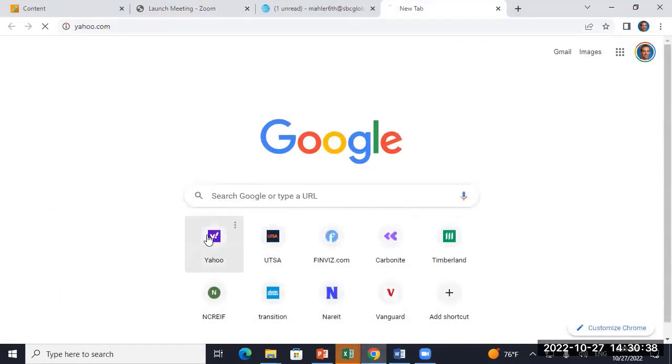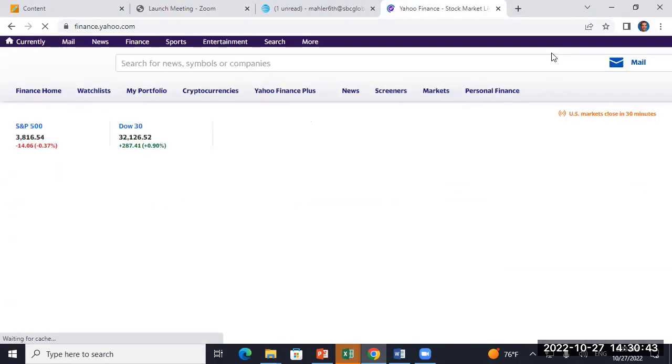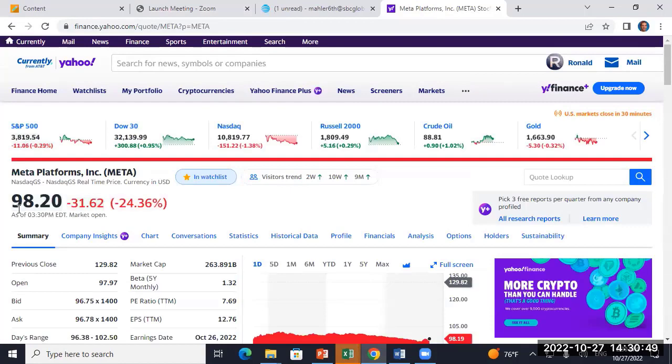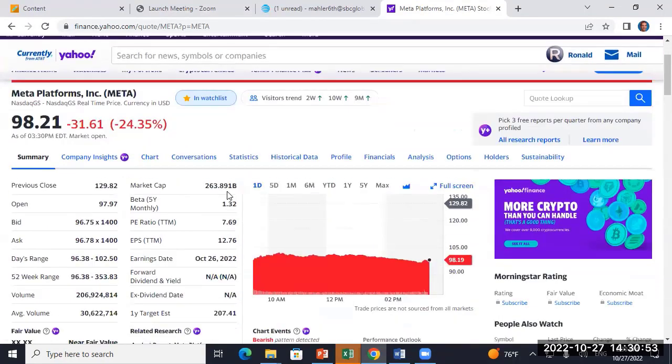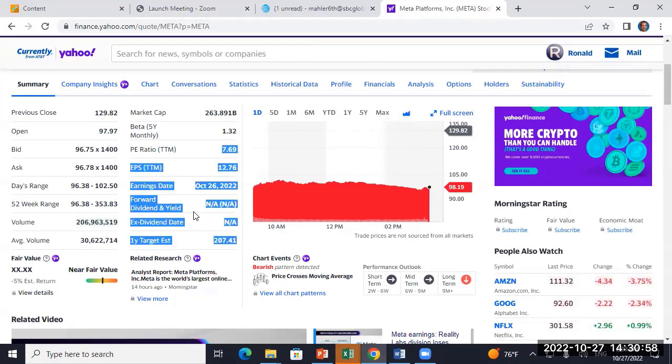Pretty amazing days. So when we look at it, I will add Facebook to the file. I have to wait until after market close because I can get the return. But that's pretty amazing. This to me is the most shocking. We talked about growth and value stocks. That's a value stock. 7.69.